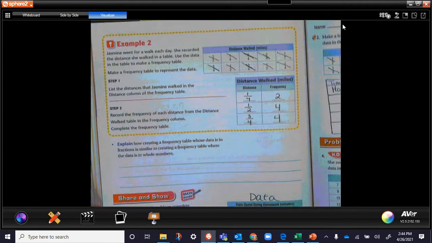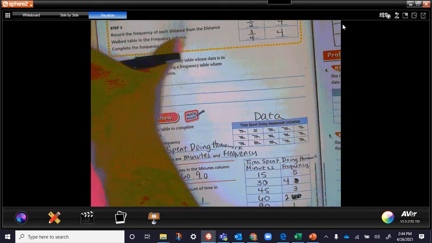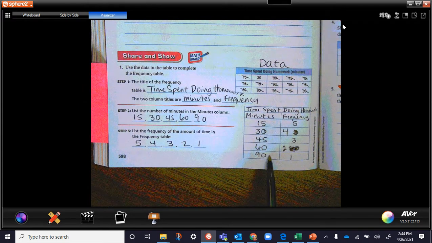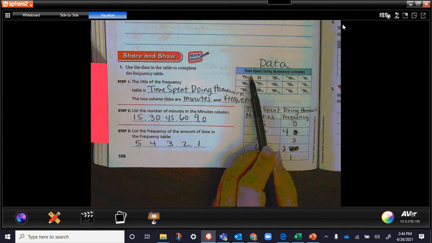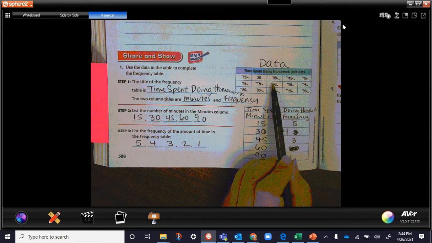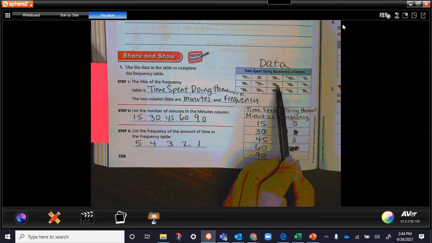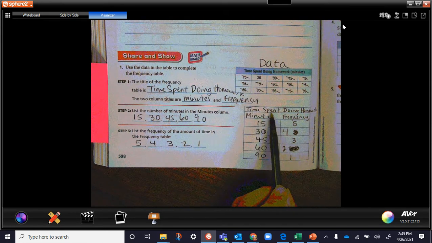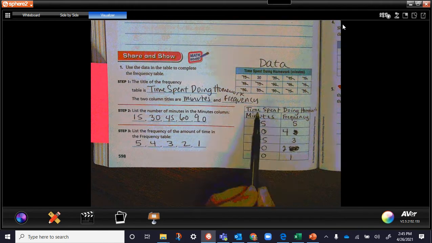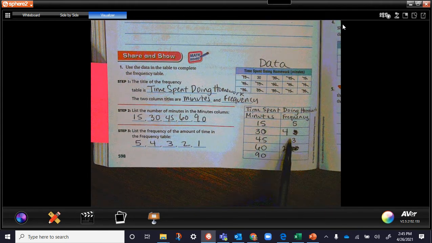Then down here, we started building our own. It gave us the chart, and we needed to fill it in. This was the data that we had, all the information that we pulled from. The title is Time Spent Doing Homework. We're tracking minutes, so we wrote down our minutes and how often that happened. As we get the number, we write it down.